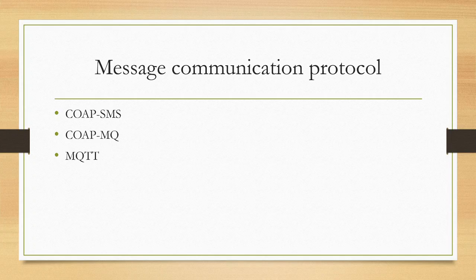A CoAP client communicates to a mobile terminal and endpoint over the general packet radio services GPRS, high speed packet access HSPA or long term evolution LTE networks using the CoAP SMS protocol.